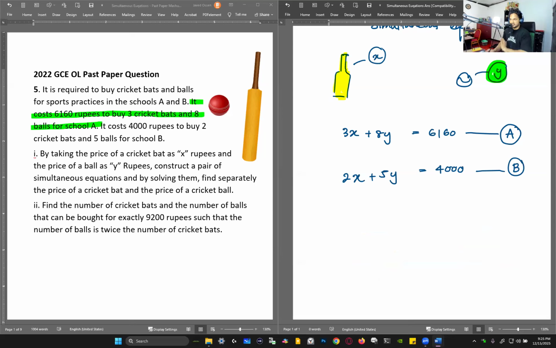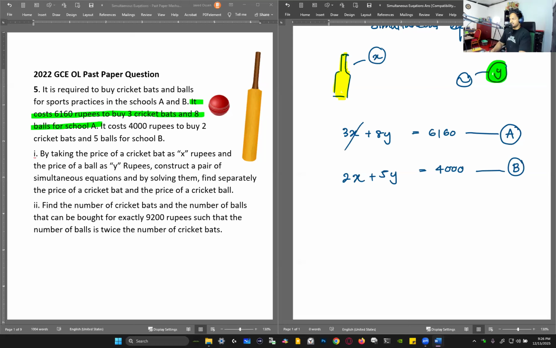If there is X and Y in the equation, I don't know the value of X, nor do I know the value of Y. So here I must cancel off the value of X or Y. I must cancel X off or I must cancel Y off.